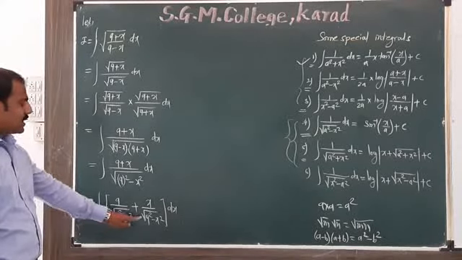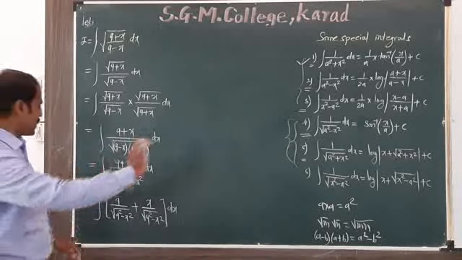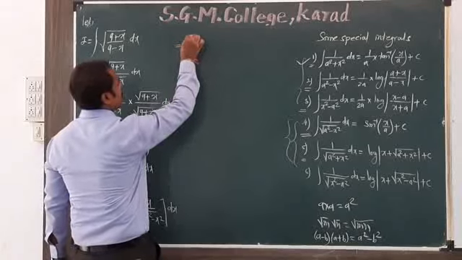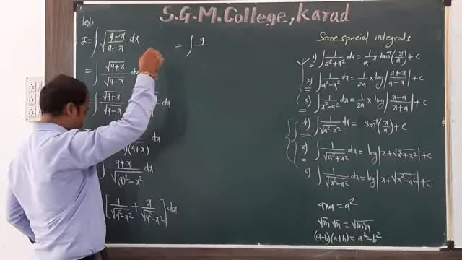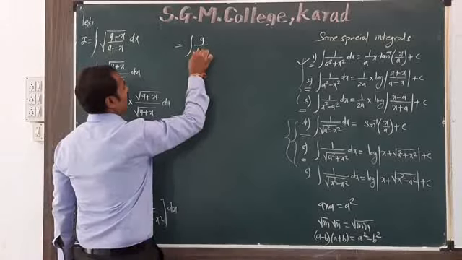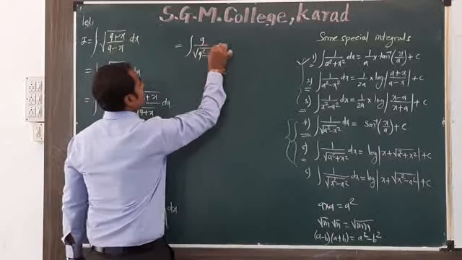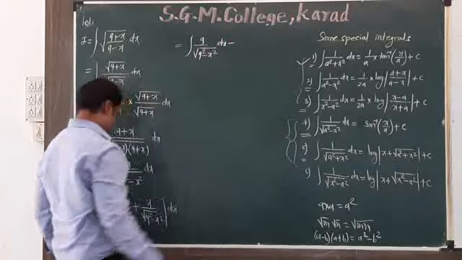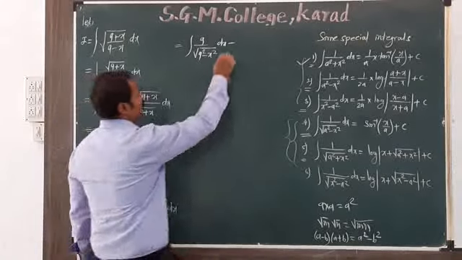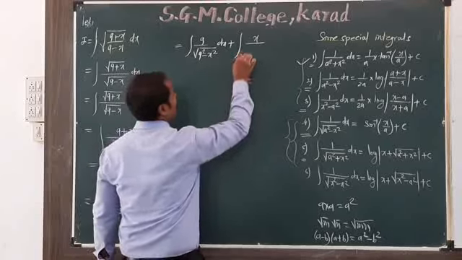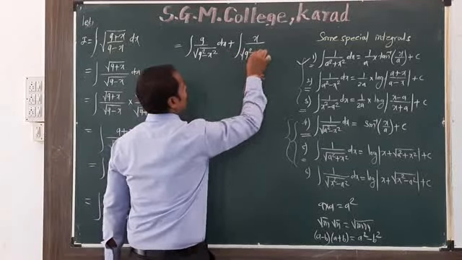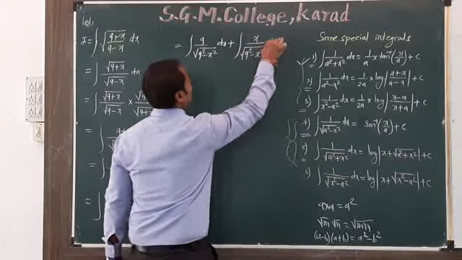Now inside the integration there is addition, so we separate the integration sign: integration of 9 divided by square root of 9 square minus x square dx plus integration of x divided by square root of 9 square minus x square dx.